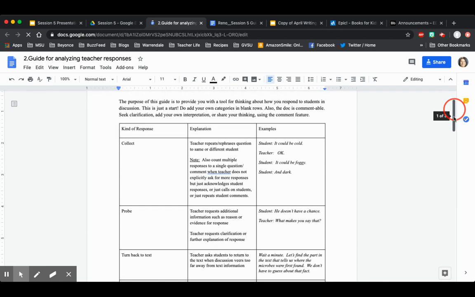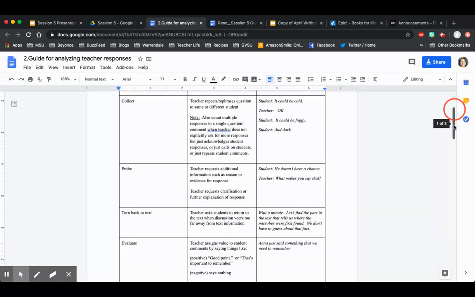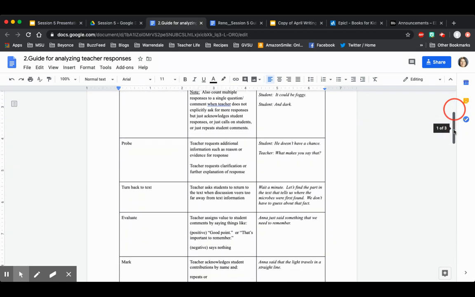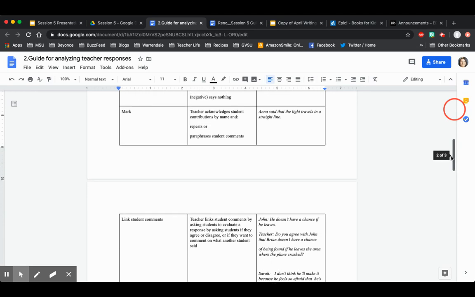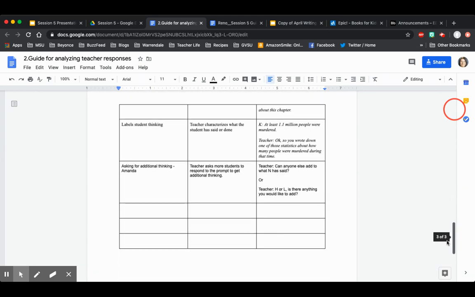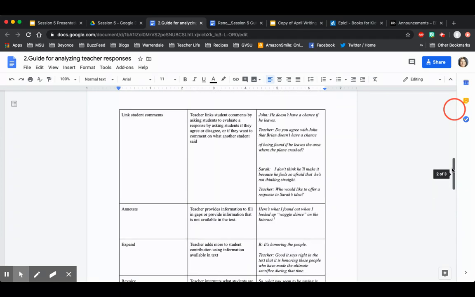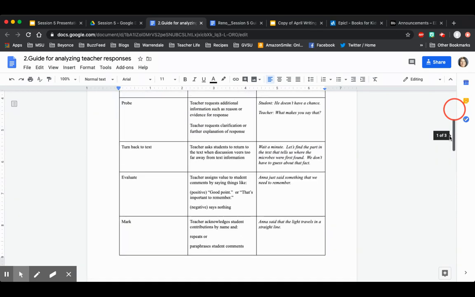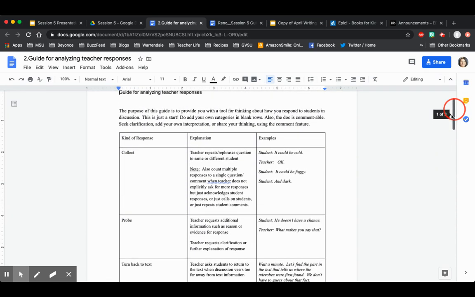There are definitely many other ways that discussion moves are used by teachers, but these are just some examples. So just pause the presentation so you can read through them and understand what the explanation is, and then a possible example from a discussion.